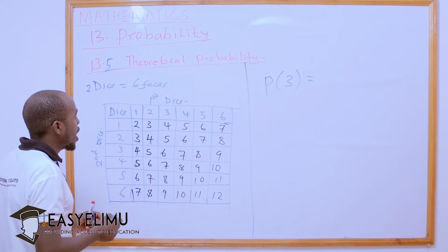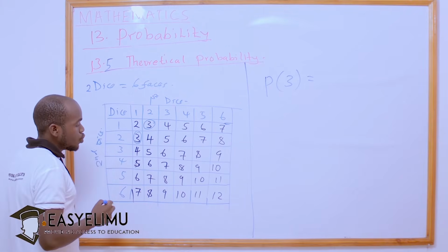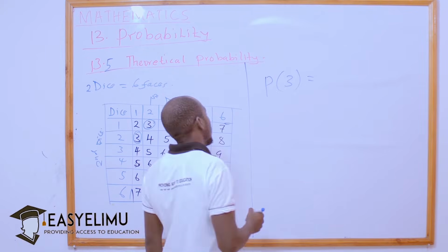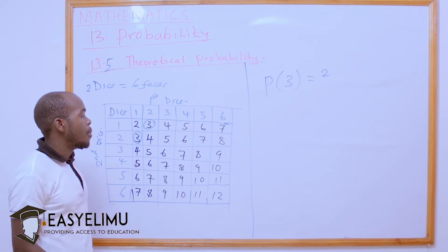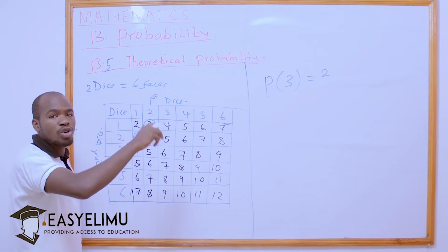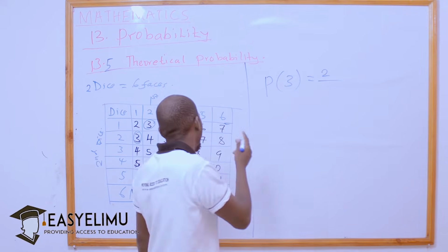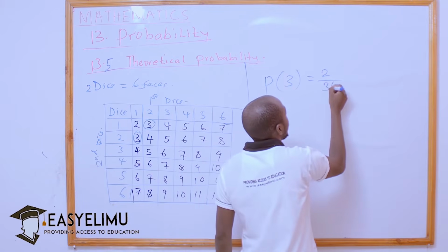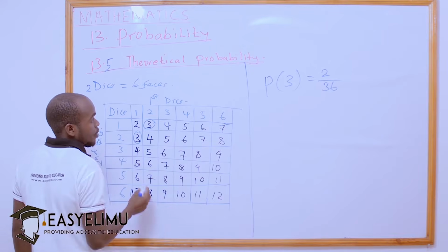We shall find we have only 2 threes showing up. So if it's 2 threes, we say we have 2 of them, out of the total number of the sample space. And our sample space here is equal to 36. If you count them out, you are going to get 36 of them.